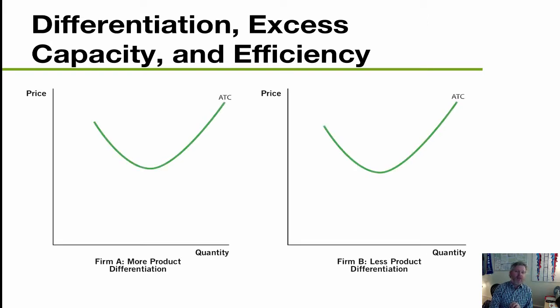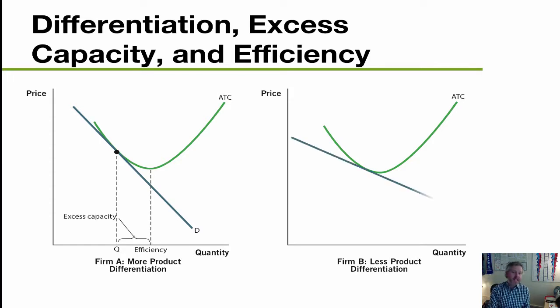So here are our average total cost curves, and here is the demand curve for the firm on the left. We're kind of leaving out the marginal cost and all of that, but the quantity they're going to pick is here on the average total cost curve. Efficiency would be over here at the minimum of the average total cost curve. So that's their excess capacity.